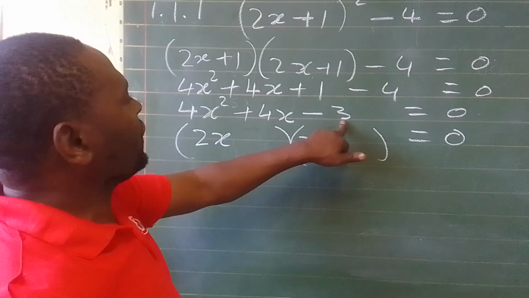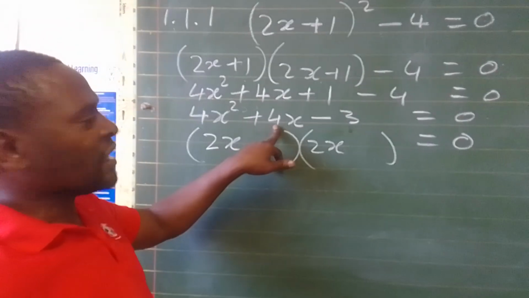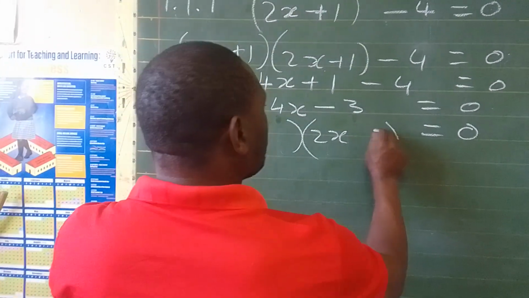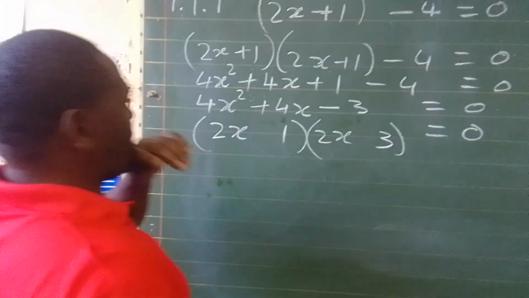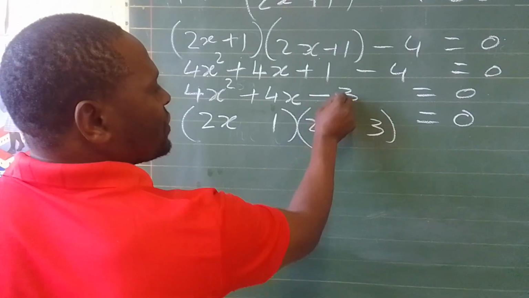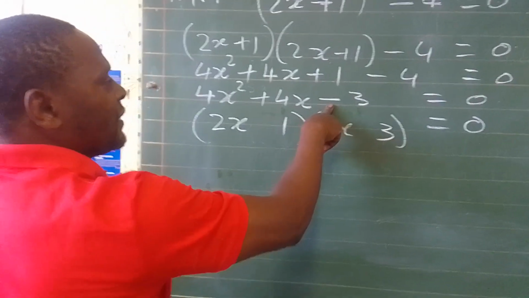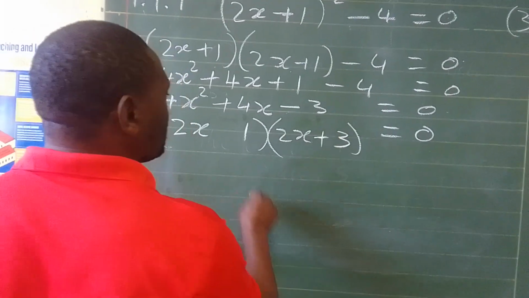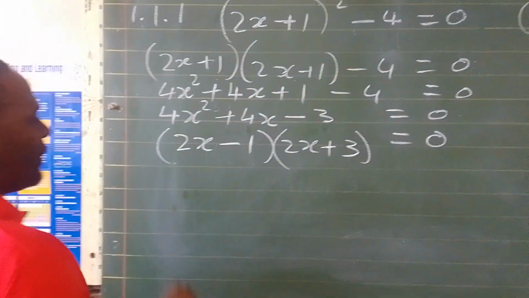Now the factors of 3 that when added or subtracted are going to give us 4 are 3 and 1. The signs must be different. The bigger one must have a positive. So this one is bigger, this one is small.